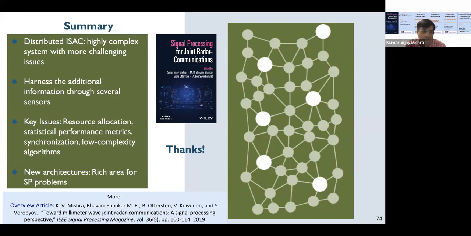We have a book coming out later this year, which covers a lot of other interesting aspects by about 40 or 50 researchers in this area, and you will also see some discussion on the distributed case there. For the bistatic case, we have this overview article in Signal Processing Magazine. If someone is interested in bistatic millimeter wave joint communications, I think it provides a very good overview.